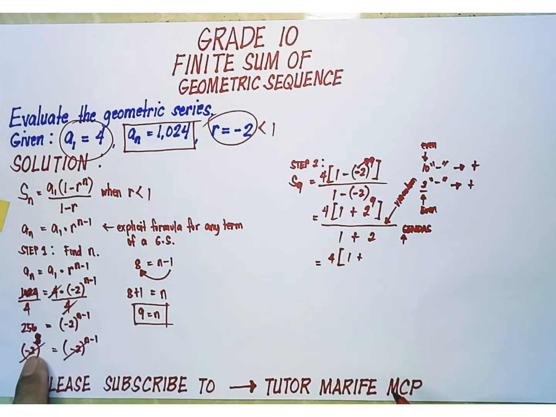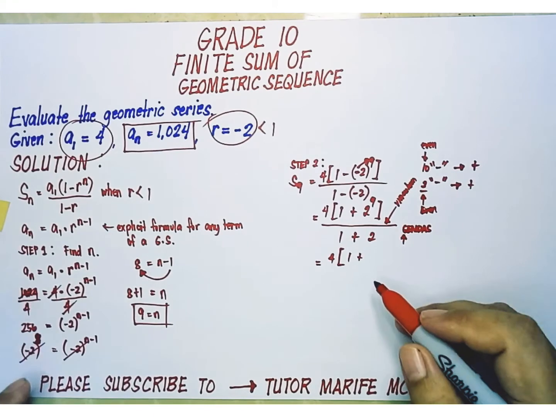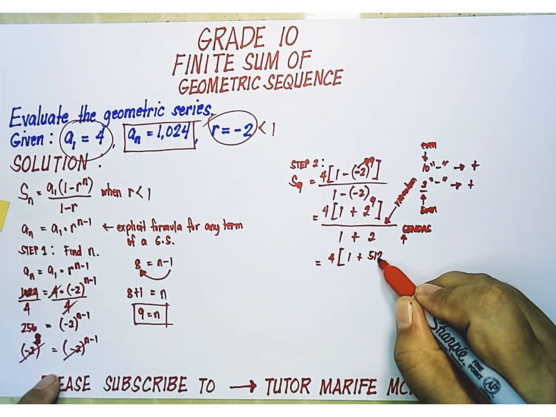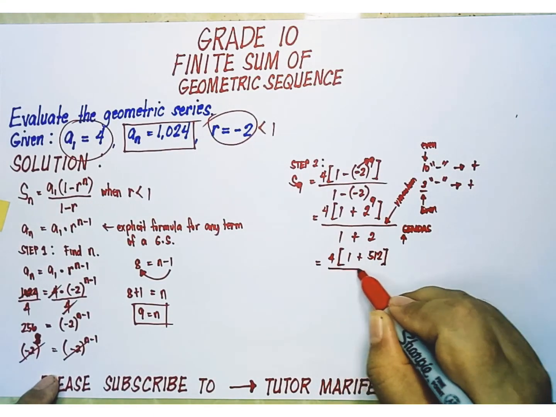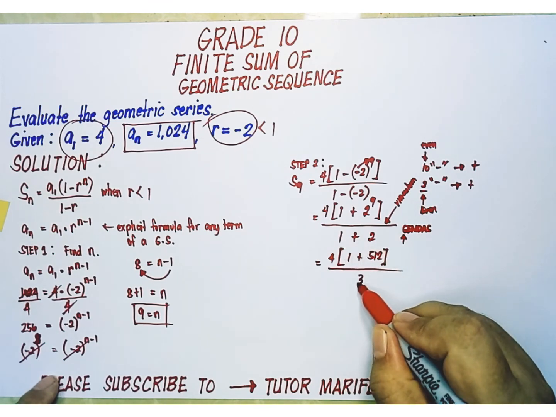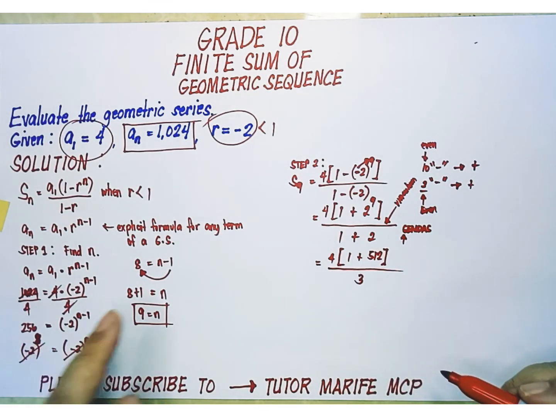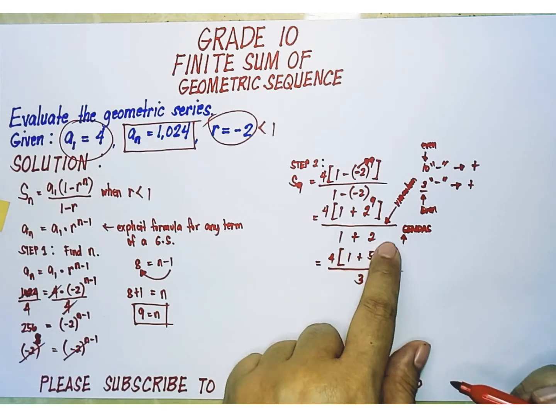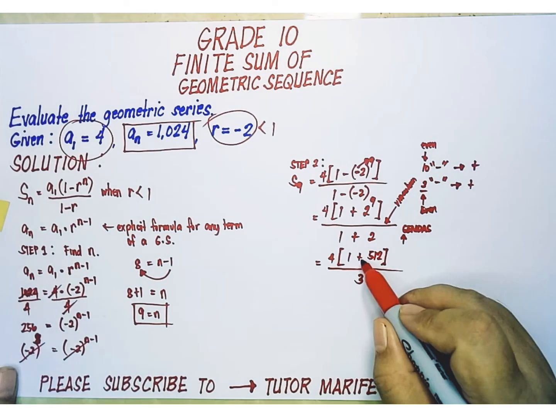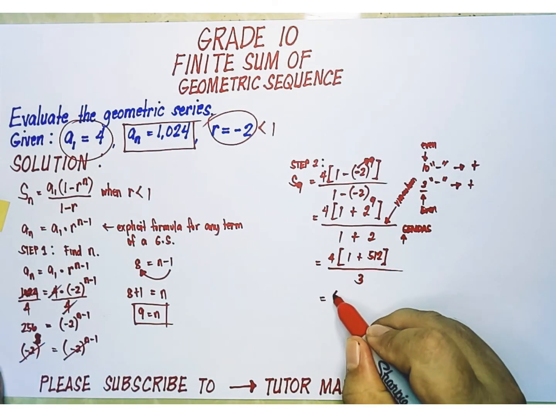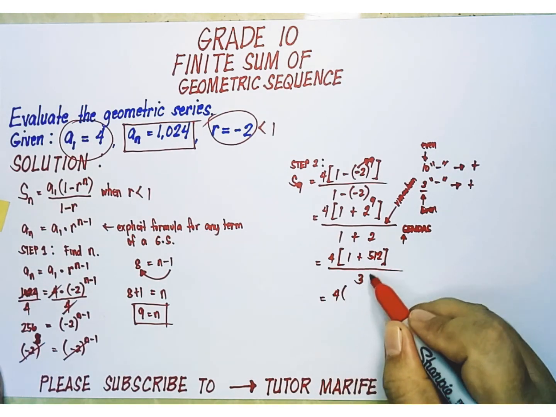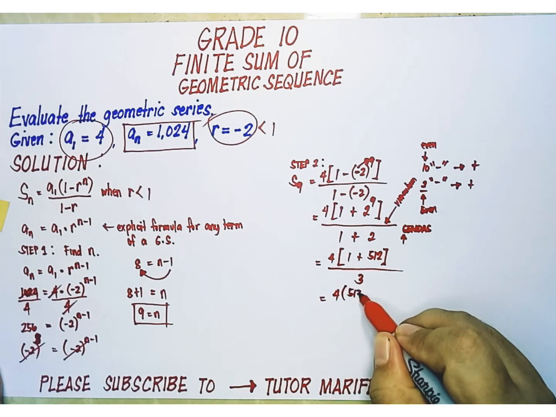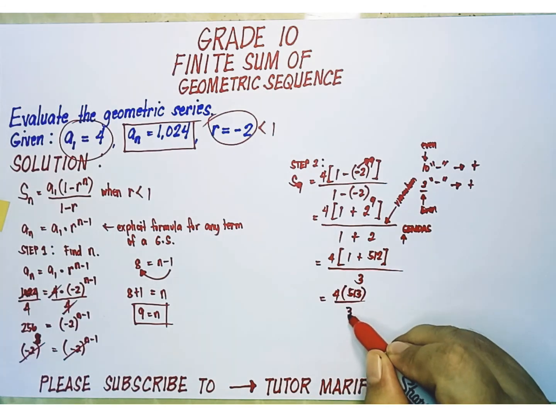We know that 2 raised to 8 is 256. Isa pang times 2, 256 times 2 is 512. All over, you add 3. Hindi pa rin nawala ang operation sa G. This time, we have the brackets as your G. You add 4 times 513 all over 3.